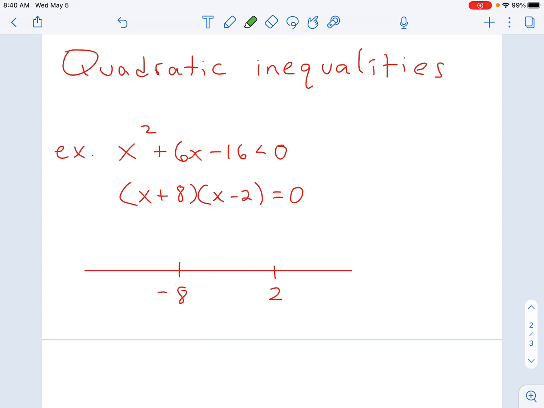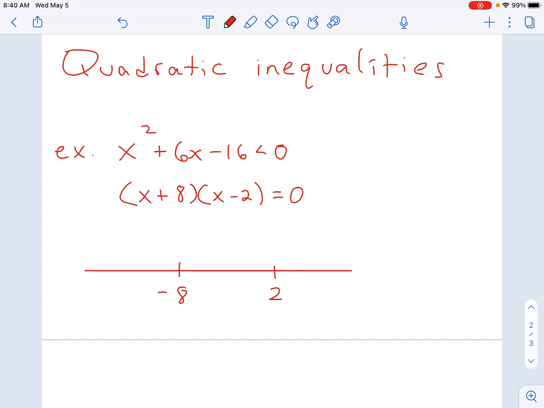All right, so let's plug in a number. Let's say we plug in -100. I chose -100 as an extreme value because when I plug that in, I know that negative 100 squared is going to be a large positive number.